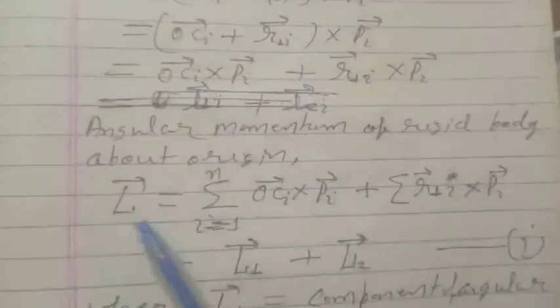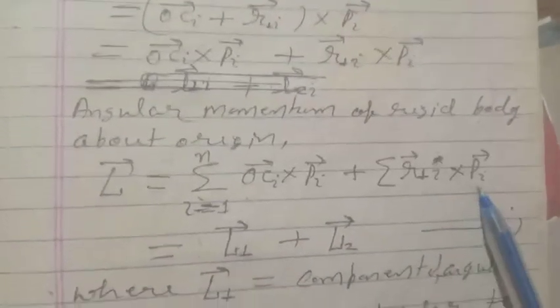Hence, angular momentum of the rigid body, total angular momentum L vector, will be summed over all particles, that is sigma i equals 1 to n of OCi cross pi plus sigma r perpendicular i cross pi vector.